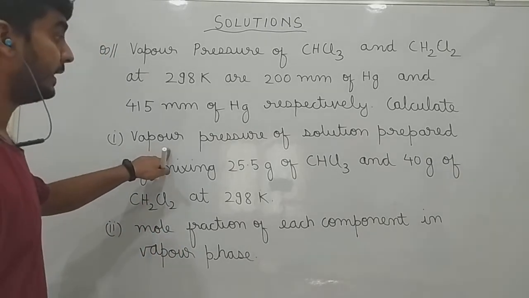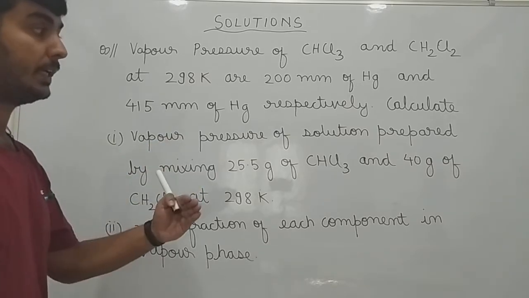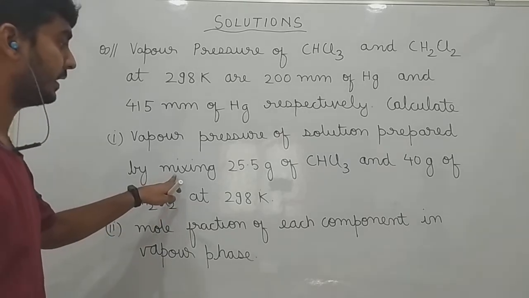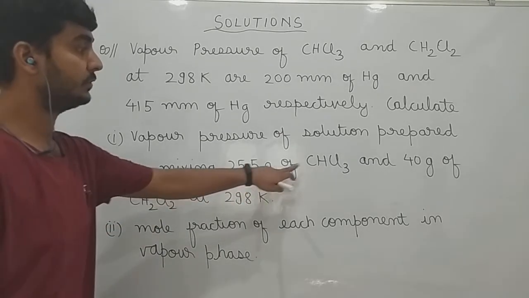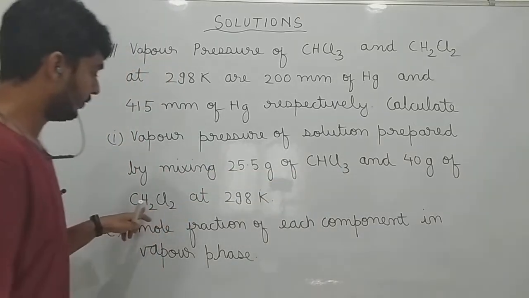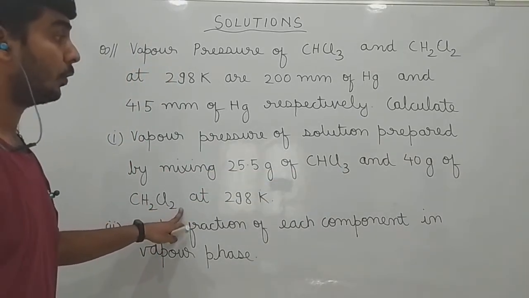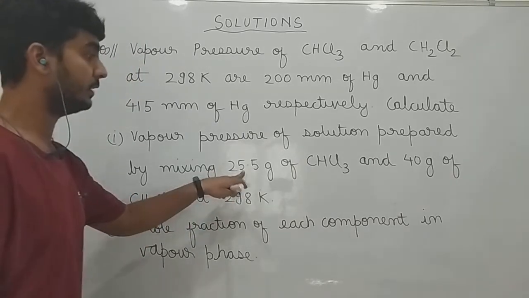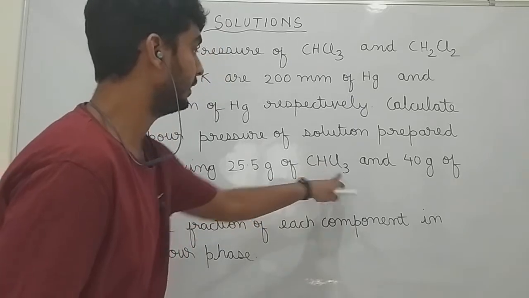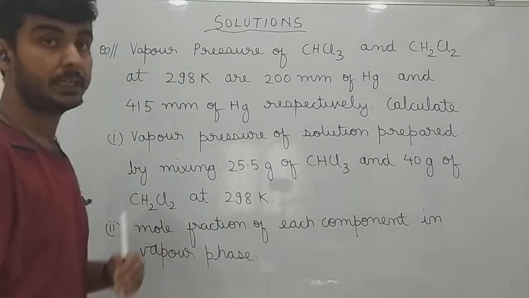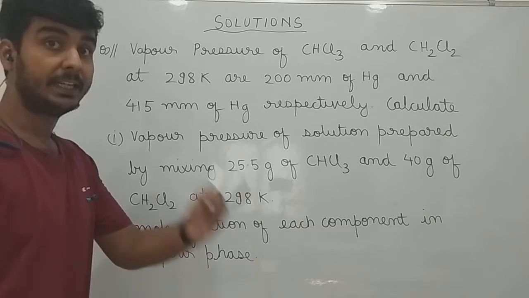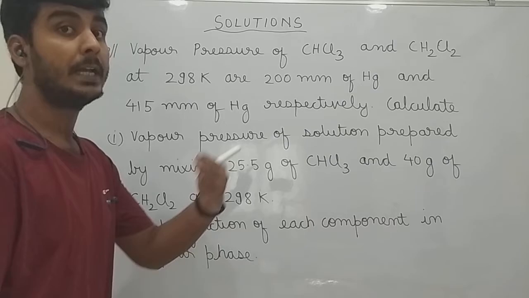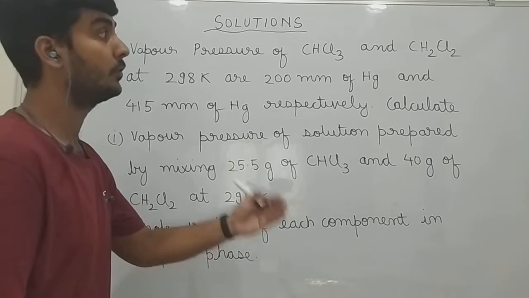In the first bit we are asked to calculate the total vapor pressure of the solution which is prepared by mixing 25.5 gram of CHCl3 and 40 gram of CH2Cl2. So we have to find the mole fraction of each of these components, CHCl3 and CH2Cl2, in the liquid state, and then we can calculate their partial vapor pressure by making use of Raoult's law.